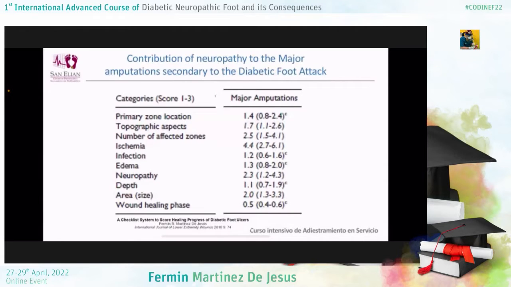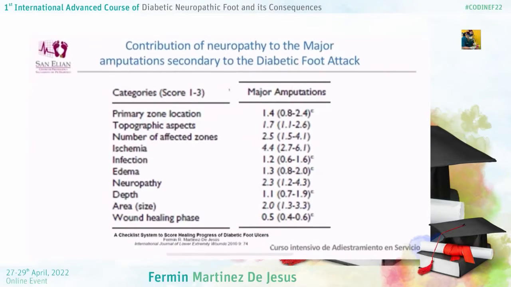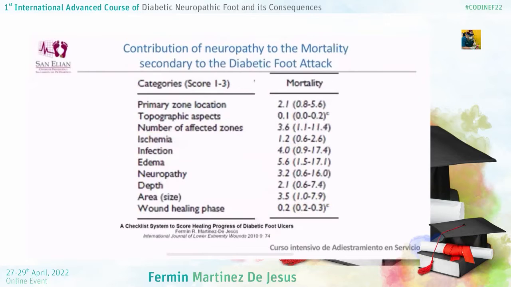You can see in this slide the contribution of neuropathy to major amputation secondary to diabetic foot attack, where ischemia is the main variable, along with the number of affected zones, and of course neuropathy is contributing as well. Related to mortality, the contribution of neuropathy is present here in an important way in this multivariate analysis.